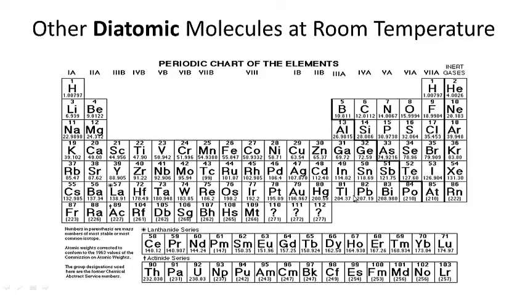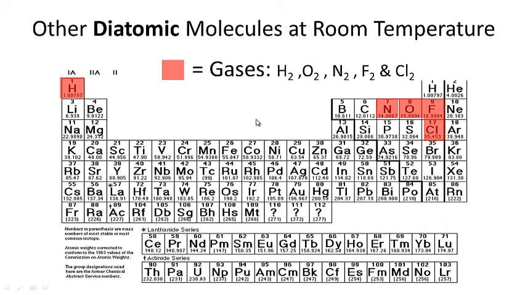Other diatomic molecules at room temperature include the following. We have H2, which is a gas, N2, O2, F2, and Cl2. In nature, these elements are always in a diatomic state, which means there are two atoms bonded to each other.